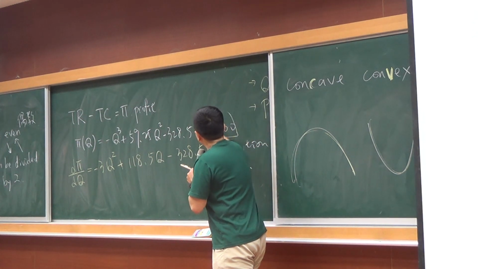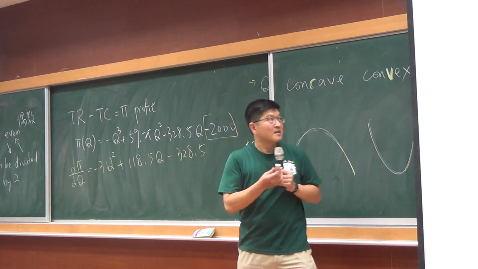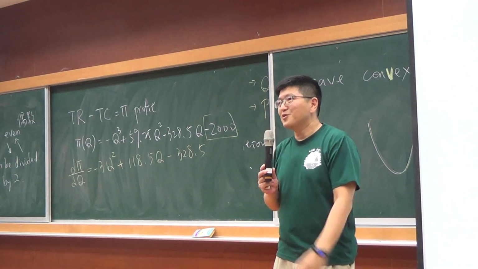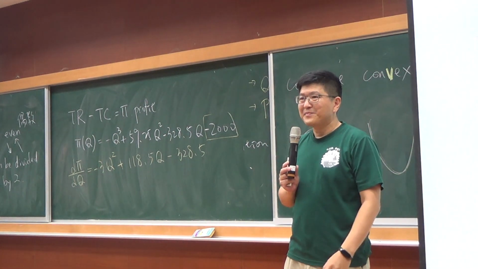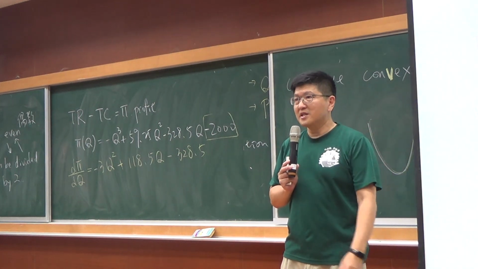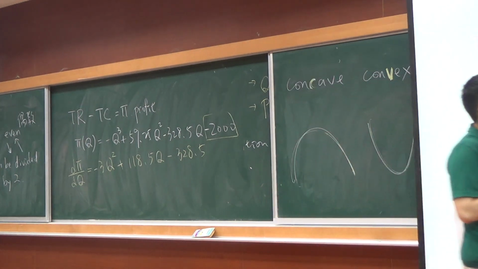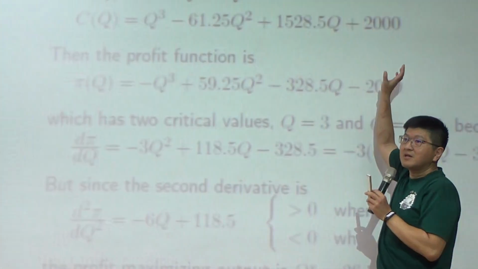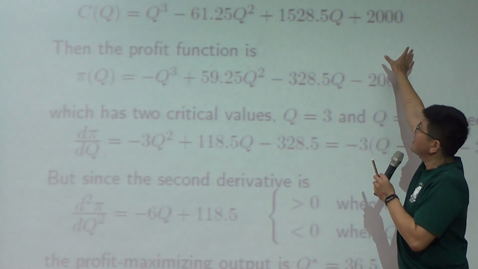and this 2000 in the cost function, we call that a total fixed cost, right? Because it doesn't vary with quantity. So please make a note here. The term 2000 is a total fixed cost.